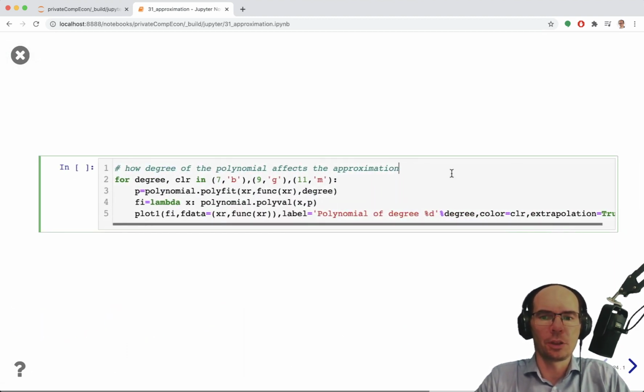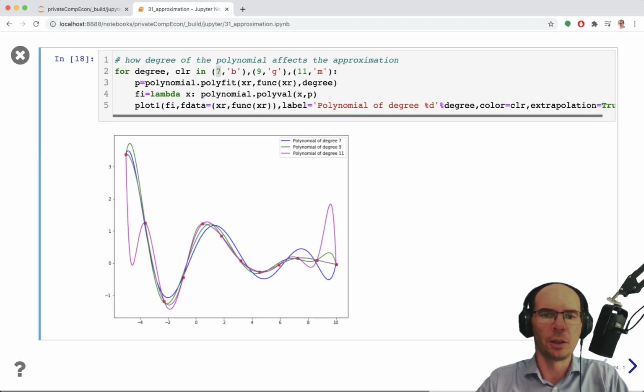What about changing the degree of the polynomial? So here we have to talk about what this polyfit function is actually doing. If I keep the number of points fixed, but I change the degree of the polynomial, let's look at the picture here.